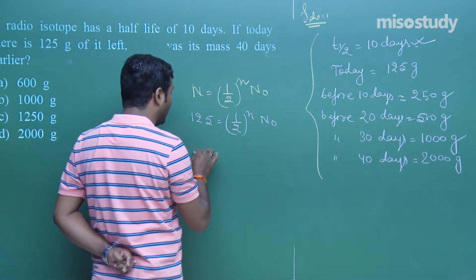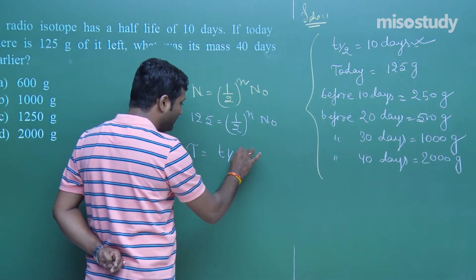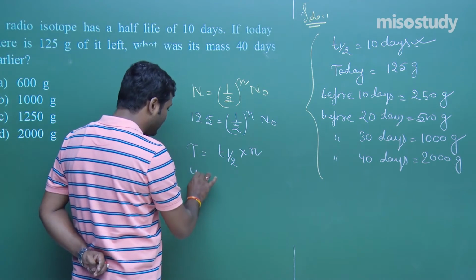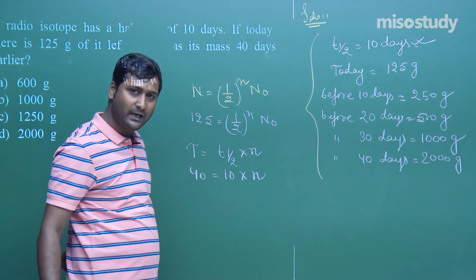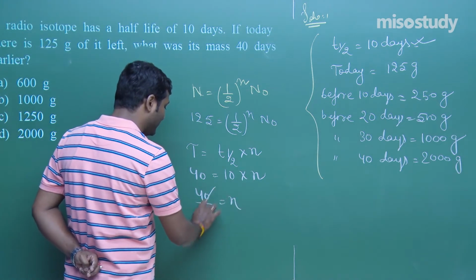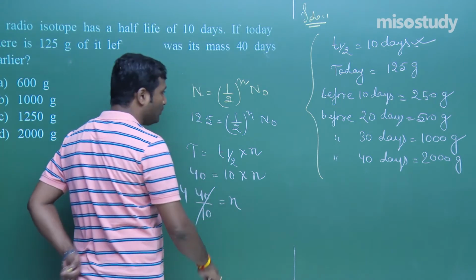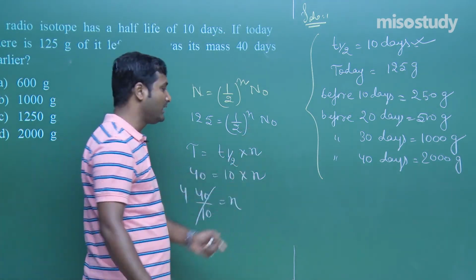Using this also you can find the value. Here N is given, 125. We do not know n. We know T is equal to T half into n, and T is given here as 40 and T half is 10, so 40 upon 10 is equal to n, that is 4. So put this value of n here, you will get the answer.